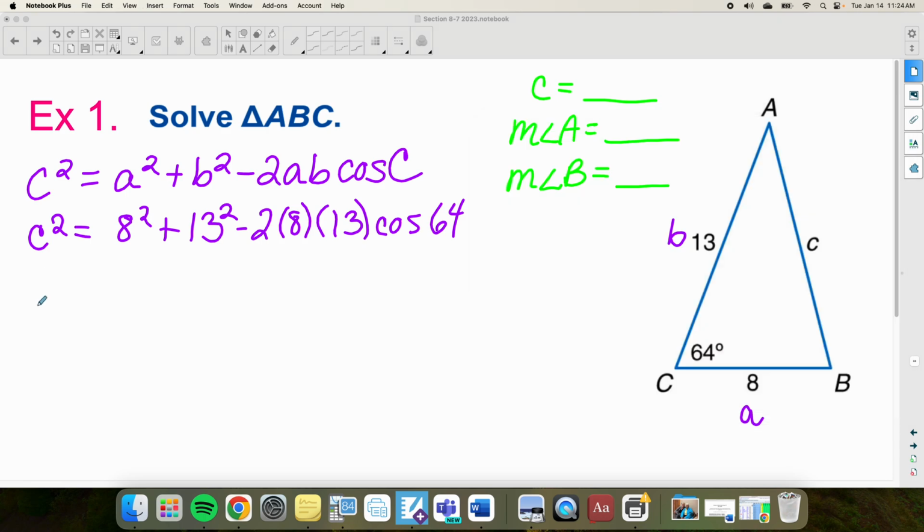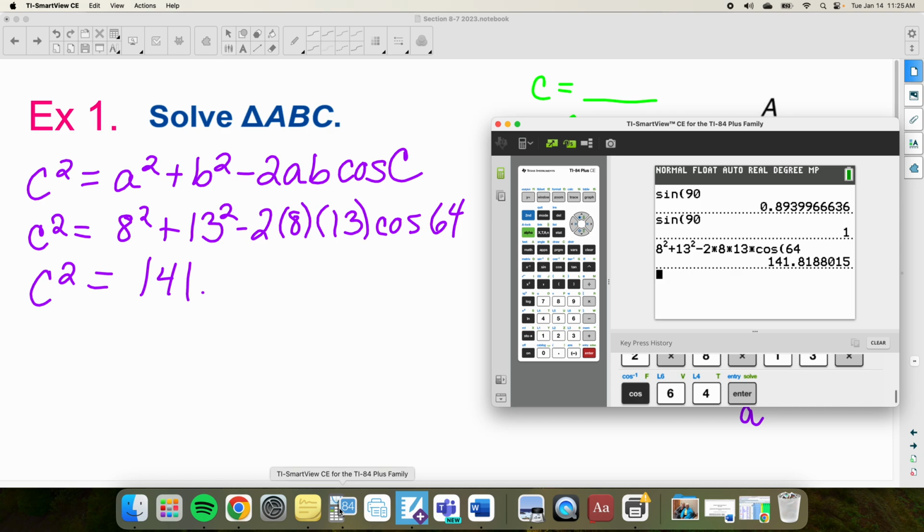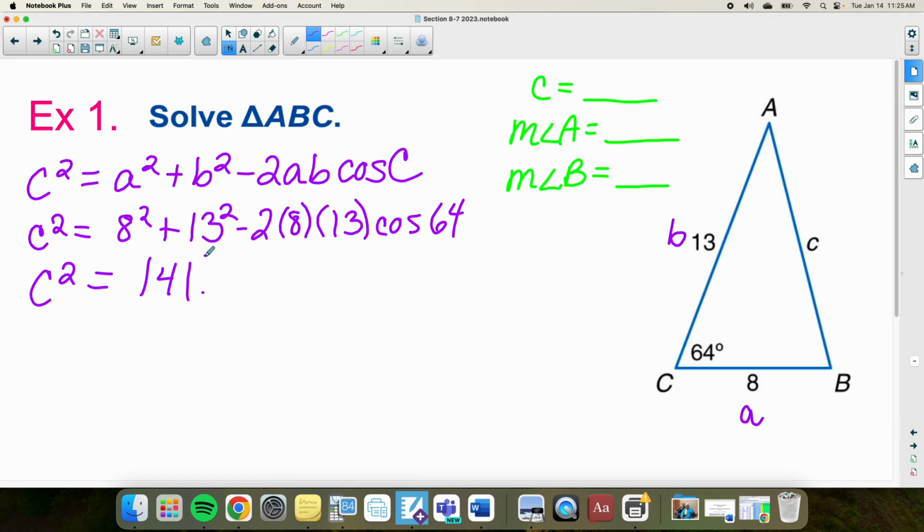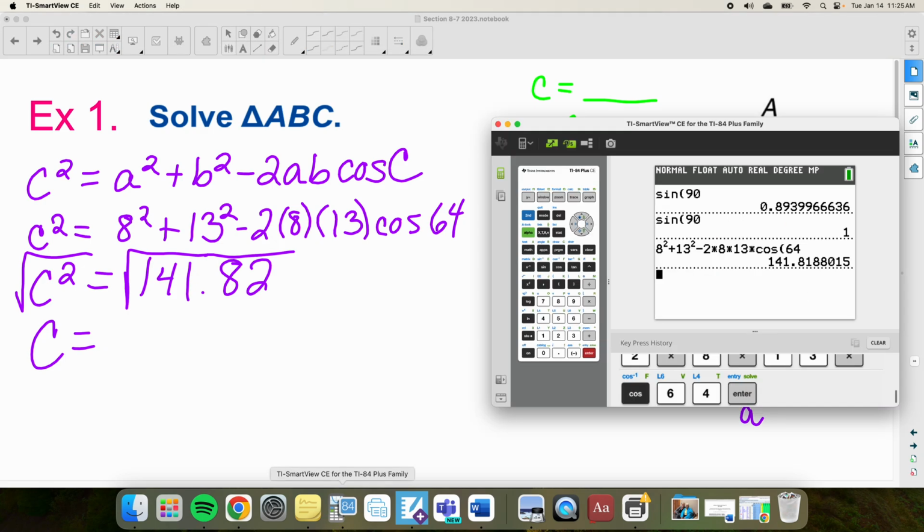This is where you had to be careful today. That C squared is 141 point whatever it was, okay? I'm going to show you how to get the most accurate answer. Now, do you guys know we have to take the square root? Some of you might know this already, but I haven't shown you this yet.